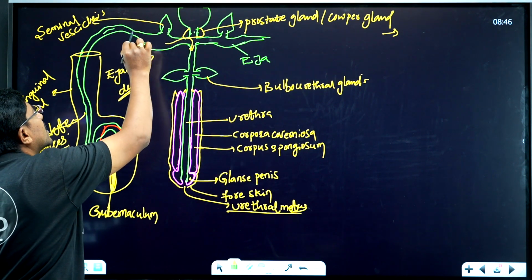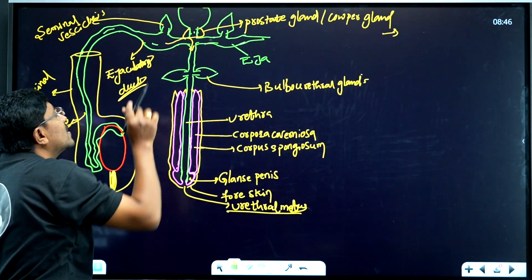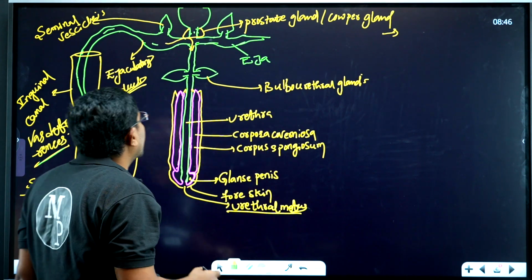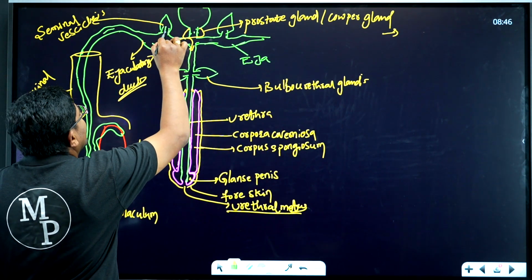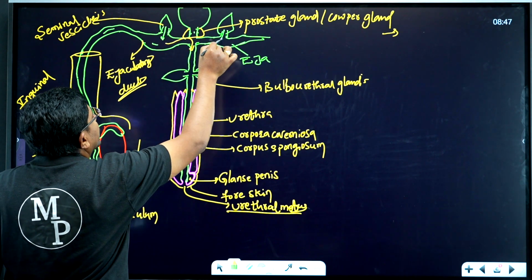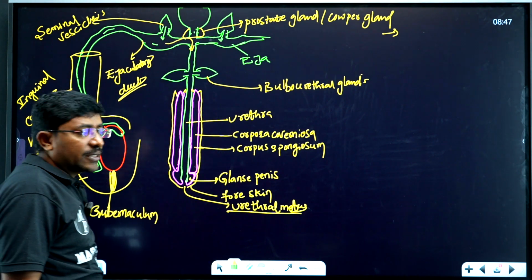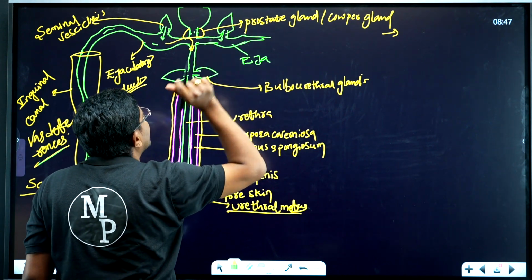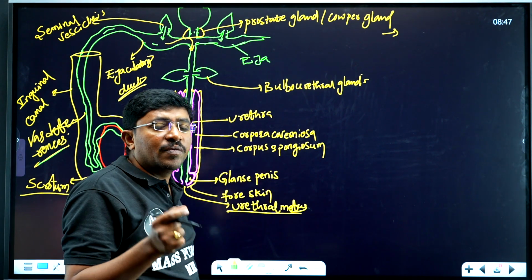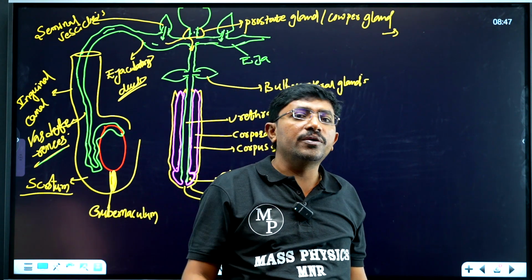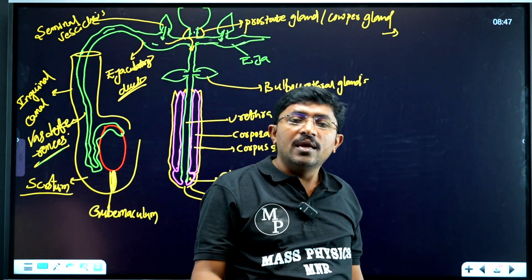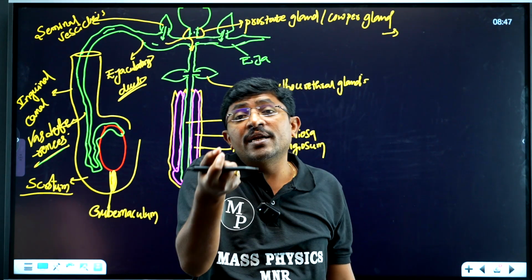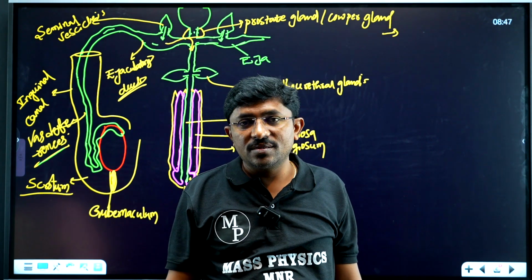What is the reason the ejaculatory duct is swollen in nature? One reason is that the seminal vesicles open into the ejaculatory duct. The seminal vesicles secrete the seminal fluid, which contains some nutrients. Those nutrients help the maturation of spermatozoa.